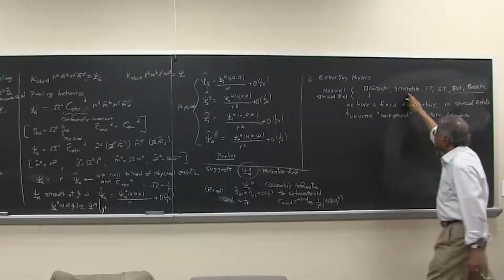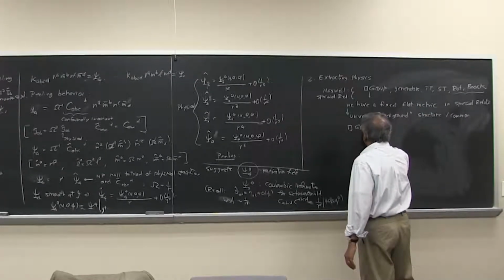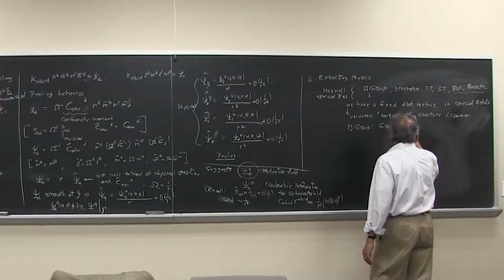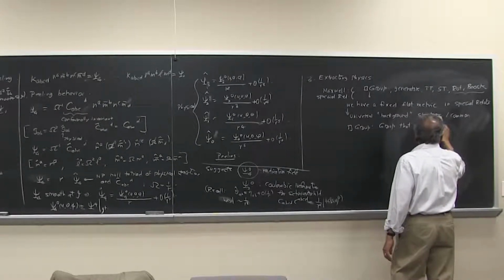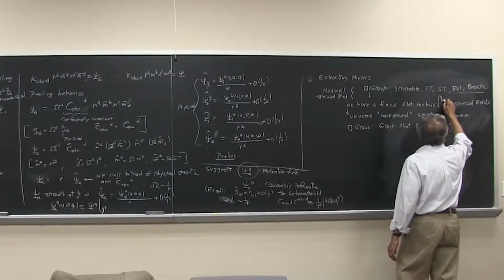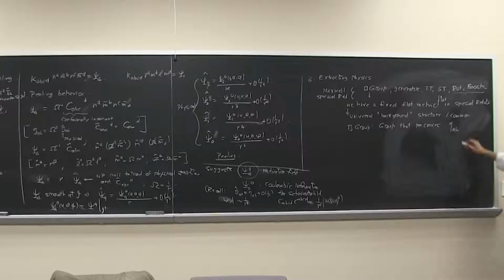And then symmetries, the Poincare group, as you know, is the group that preserves this metric. So we get the flat metric eta AB, and the Poincare group preserves this.